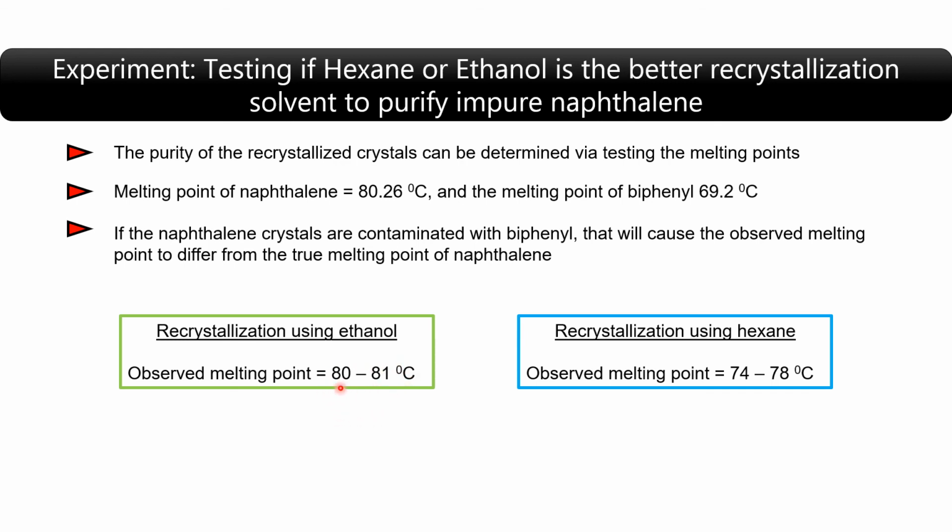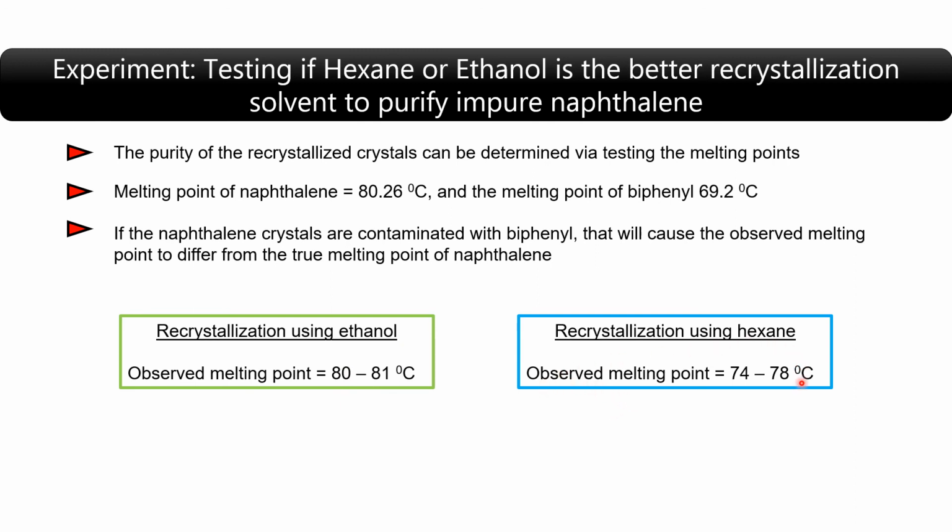The range of melting was between 80 to 81 degrees Celsius, which is very close to the theoretical melting point, and this range is also very narrow. That indicates the crystals obtained using ethanol as the recrystallization solvent were very pure crystals.